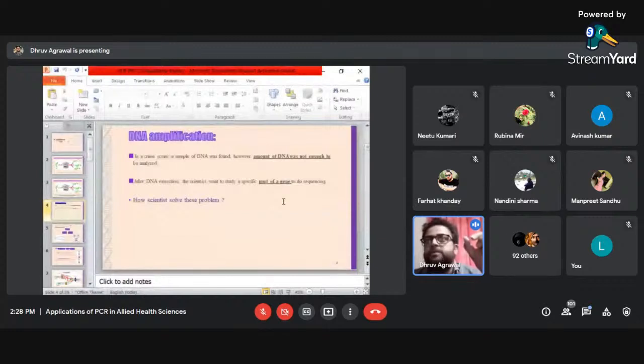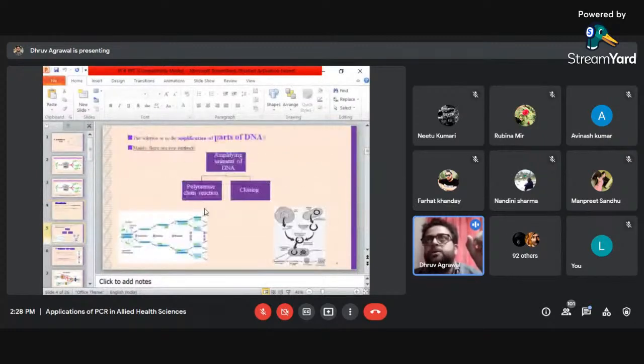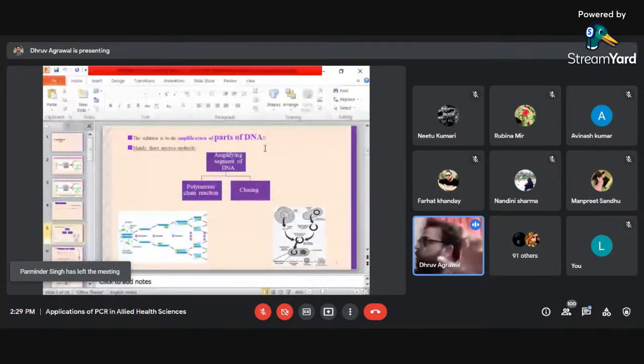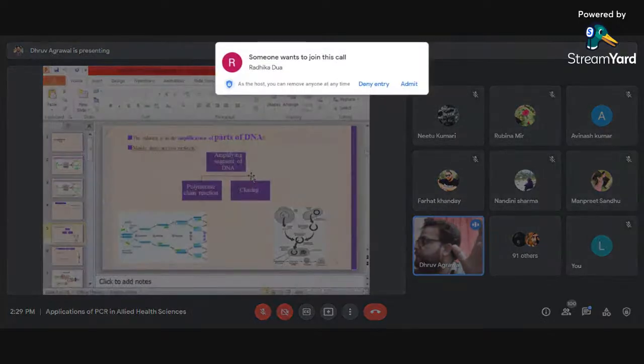So how the scientists will solve these two problems, that we will try to see over here. The solution for both of these is to amplify a small part of the DNA. For the forensic part also, they cannot handle the whole DNA, right? In the genomes of different organisms, certain specific markers are there which can be taken as their specific identification feature.